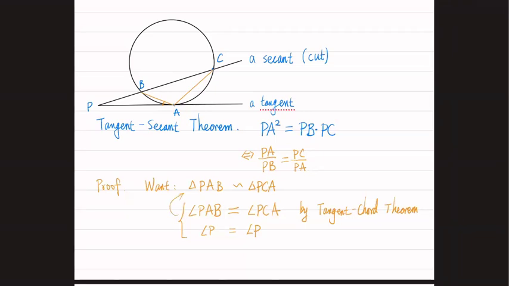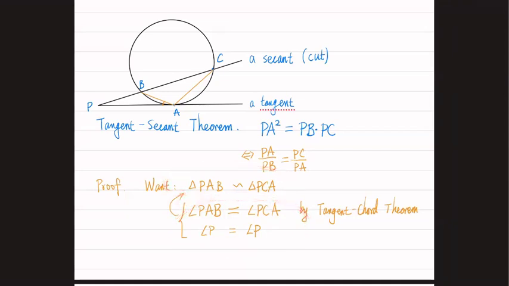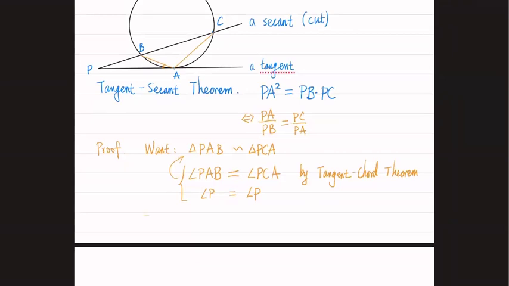Can you tell me why? What theorem do we apply in this step? Aaron. From here to similar triangles. Why? By which theorem? AA similarity, I think. AA similarity theorem.